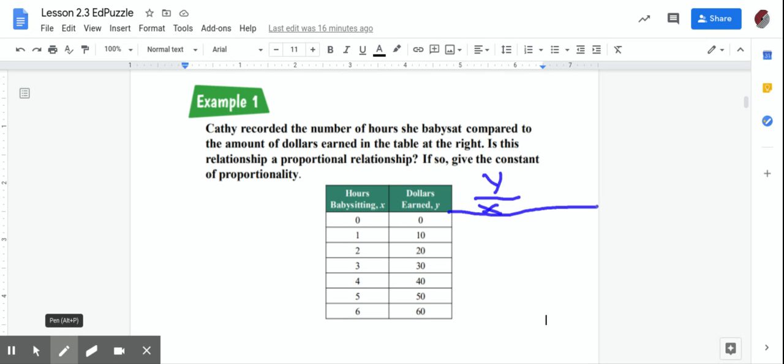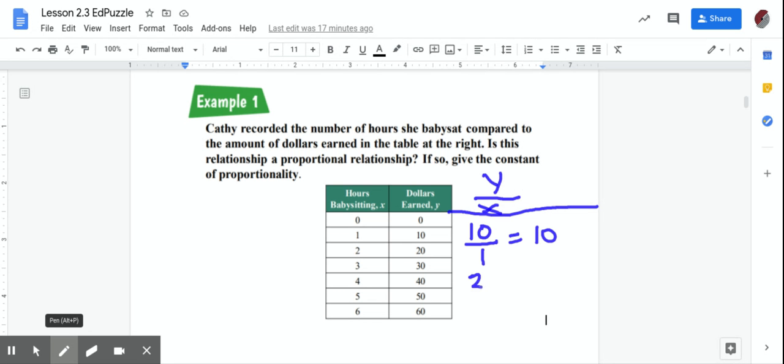Then we're going to write a ratio with the y value, the dollars, 10, over the x value, which would be 1. And I could simplify that to 10, or 10 over 1. Then I continue to check this. When Kathy works 2 hours, she makes $20.